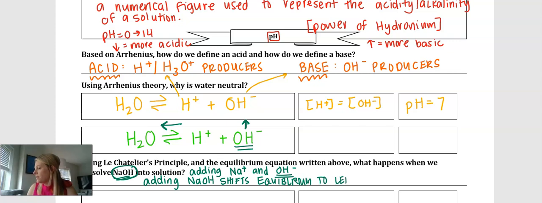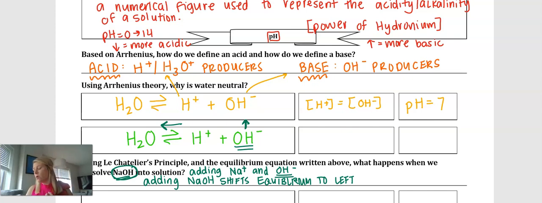Okay, and what's going to happen? Yeah, we're going to produce more water, but I'm actually, again, mainly interested in the H plus. Remember, pH is going to be all about power of hydrogen. So how does this impact the amount of hydrogen that I have in solution?